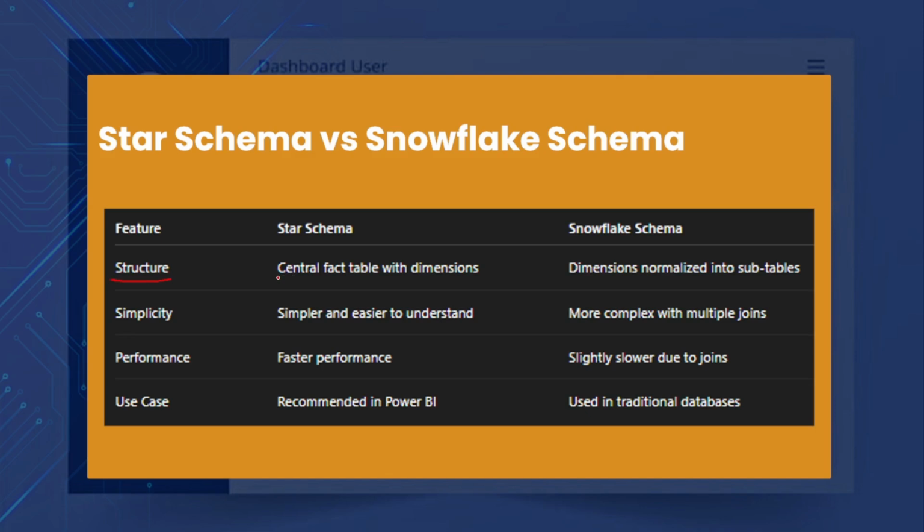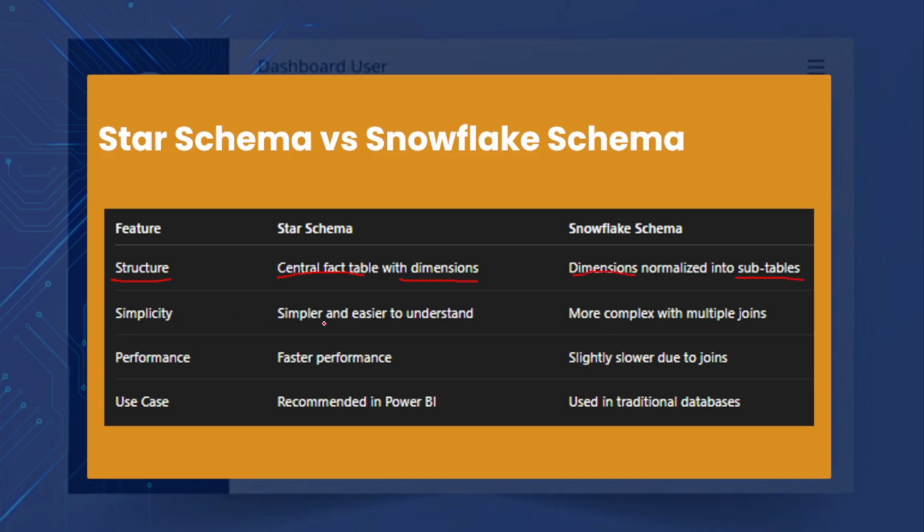What that means is that you have a central fact table, and then the dimension tables surround the fact table. The dimensions still hold for the snowflake schema, but the dimension tables are now normalized into sub-dimension tables, sub-tables as well. We're going to look at all of that in a moment.